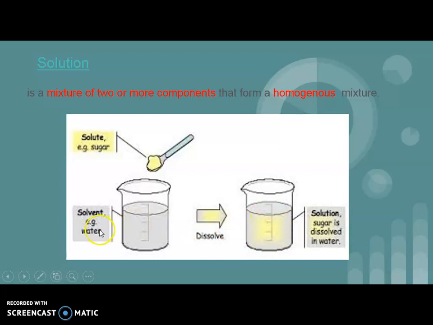So, the substance we are dissolving is called the solute, the liquid in which we are dissolving is called the solvent, and the final mixture of solute and solvent is known as solution.